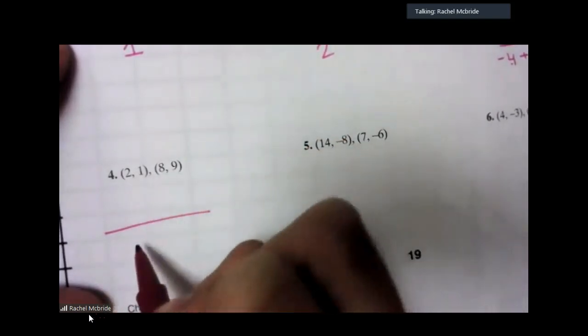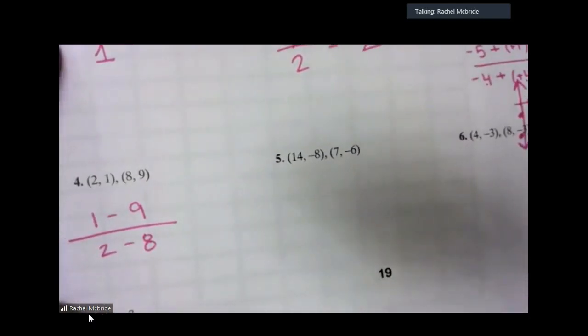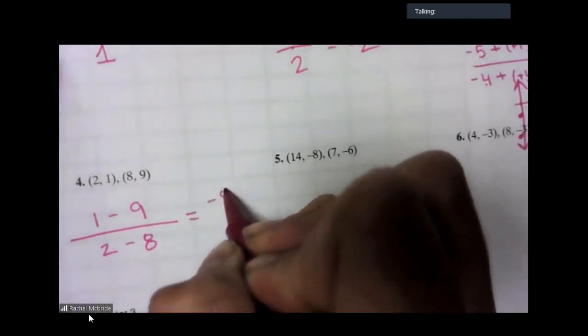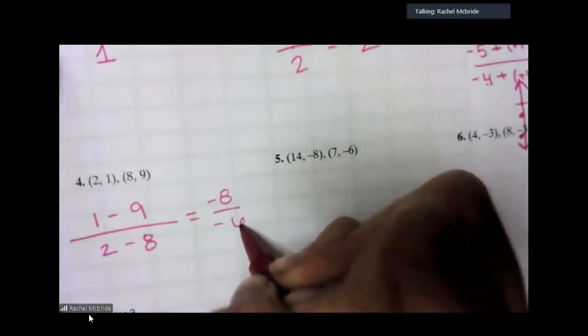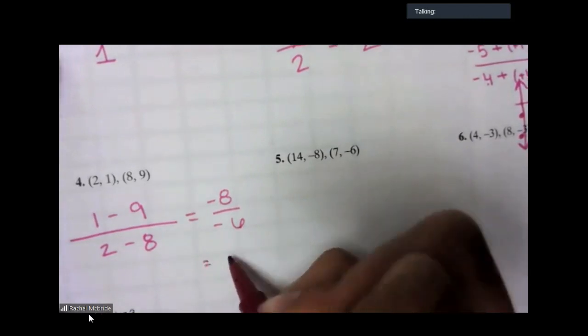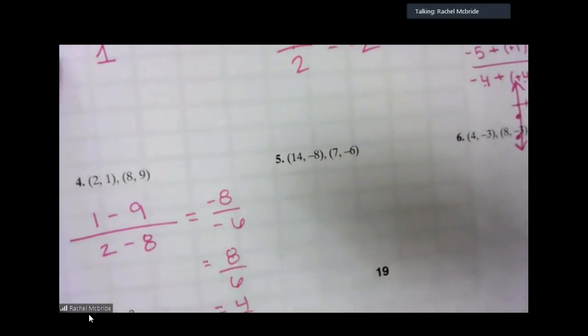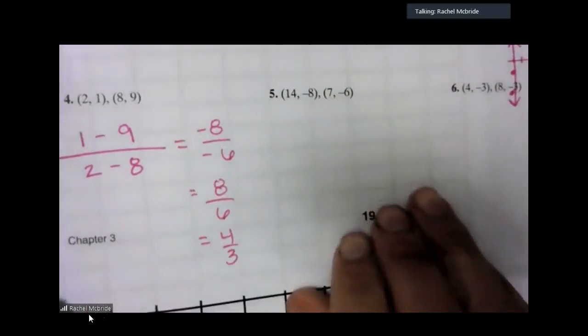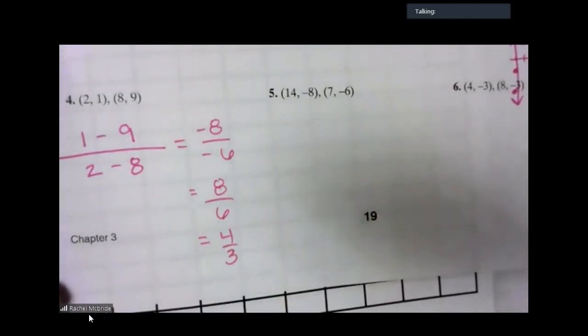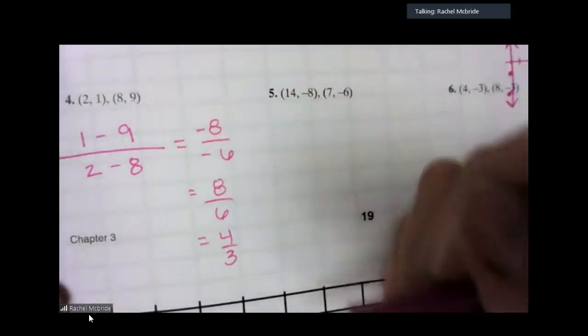The 2 minus 8 needs to be on bottom, and the 1 minus 9 needs to be on top. Yeah, so you flip-flopped your x and y's. Because when you gave me your answer, I could kind of multiply my answer and get yours, but flipped it. So it's negative 8 over negative 6. So you guys could have had 8 over 6. You could have had 4 over 3. Don't ever leave me with 2 negatives, though.